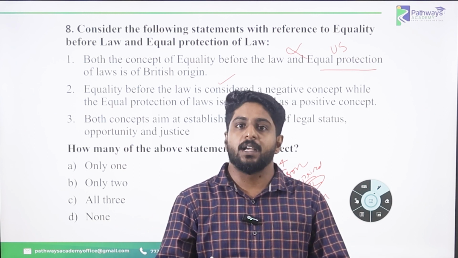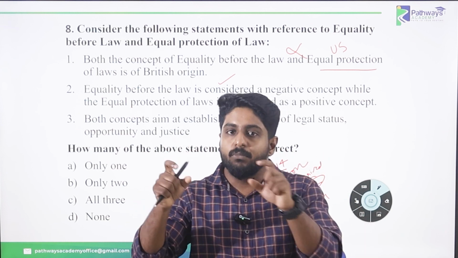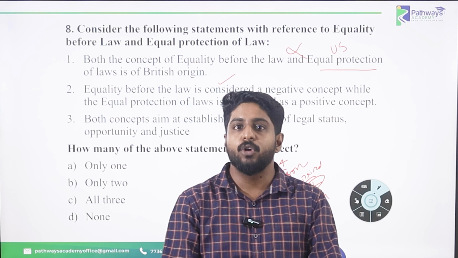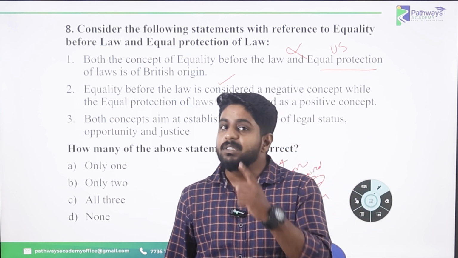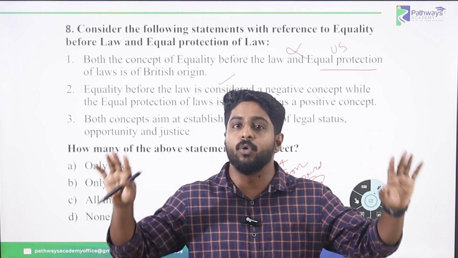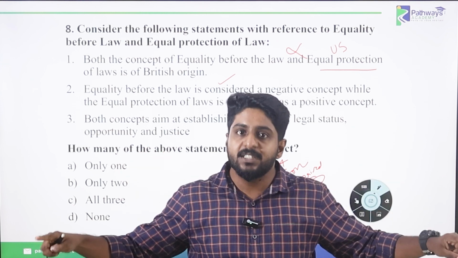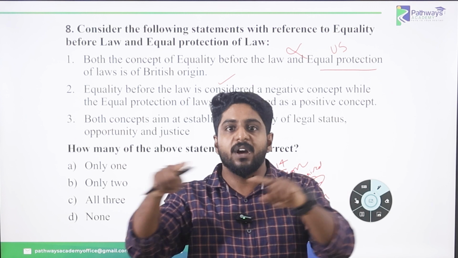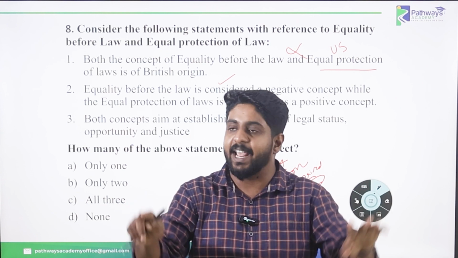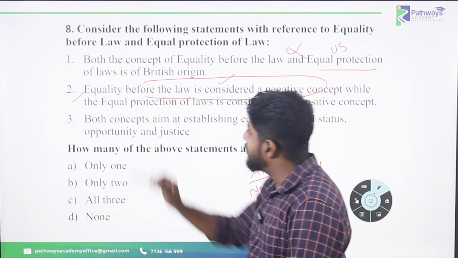If you apply the same law in the same way to both these individuals, that is what equality before law means. Is it logical or reasonable that you apply the same level of law, the same application process, to those two individuals in different situations? One is mentally unstable and one is stable, and they have committed the same offense. You are applying the same law. Now, this is negative. So, this statement is a right statement, isn't it?